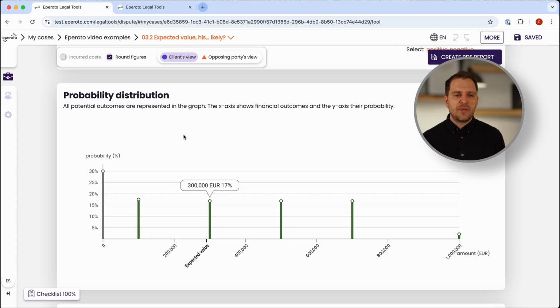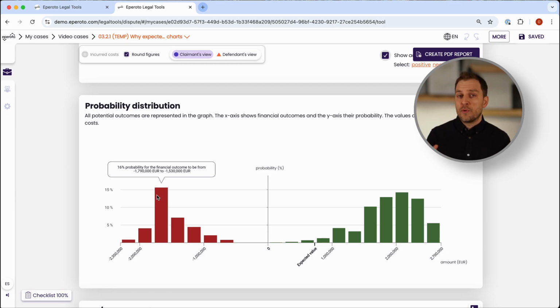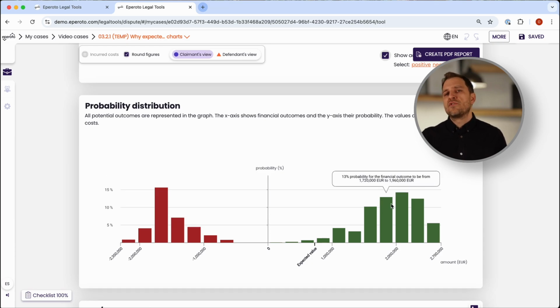When there are more outcomes, histograms can sometimes create these kinds of bell-shaped forms. With them, it can be easier to understand the peak likelihoods, the outcomes or group of outcomes that are more likely than others. Here, either a potential loss of around 1.5 to 1.8 million or a potential win of 2 million.